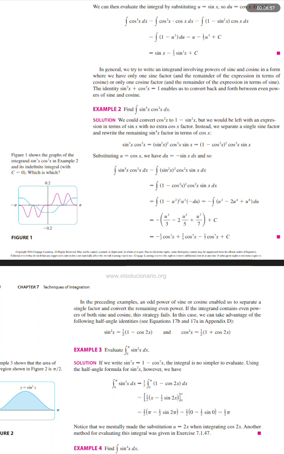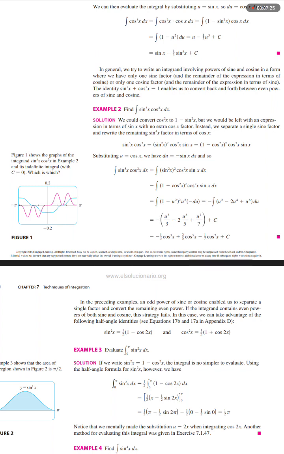Back to the text. In the preceding examples, an odd power of sine or cosine enabled us to separate a single factor and convert the remaining even power. If the integrand contains even powers of both sine and cosine, this strategy fails.